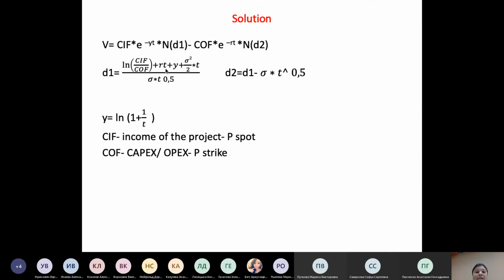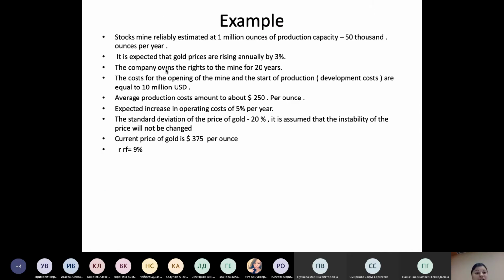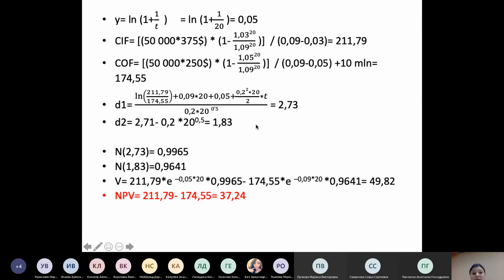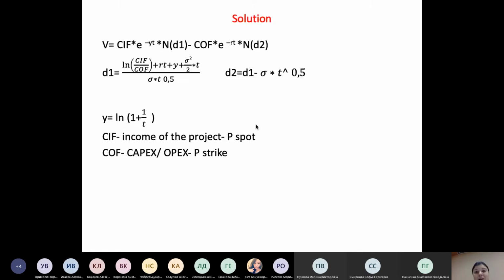And plus our standard deviation. The standard deviation of the price is 20%. So it will be the standard deviation to the extent 2, multiply the period of existence of this option, divided by 2, and multiply by T. And all of this divided by our standard deviation multiply T to the extent 0.5.